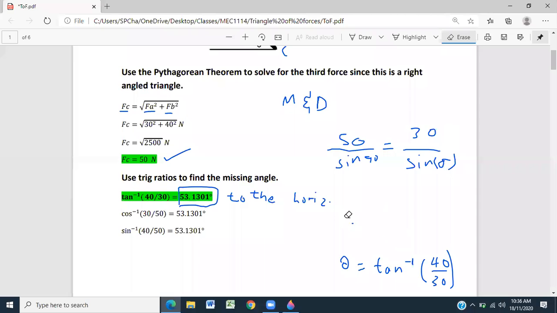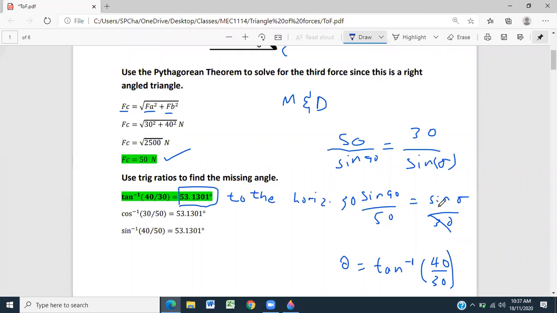Well, we can just do it really quick. All right. So this here would just be sine 90 over 50, right? And that there is equal to sine of this thing over 30, right? So just multiply this here by 30, right?